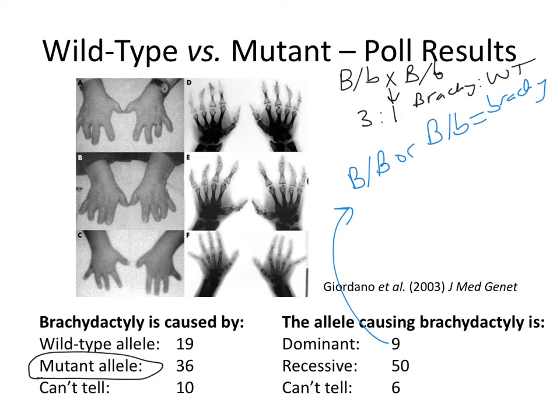It's what almost everybody in this room has. So this sets up that, wait a second, if it's dominant, then shouldn't 75% of people have brachydactyly? By the way, don't fall for this because I'm misleading you at the moment.